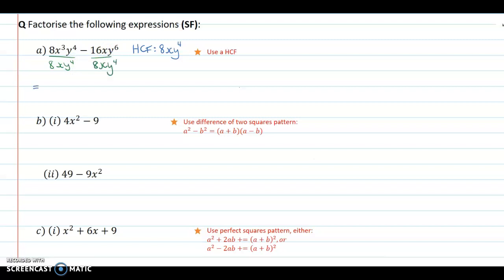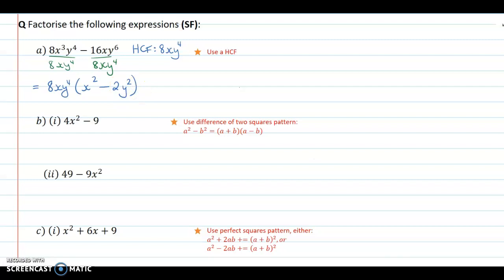So remember to pop that 8xy, sorry, 8xy to the 4 in front, and then think about what you're left over with after it divides into both terms. So the first one, I'm going to be left with x squared. The second one, I'm going to be left with 2y squared.